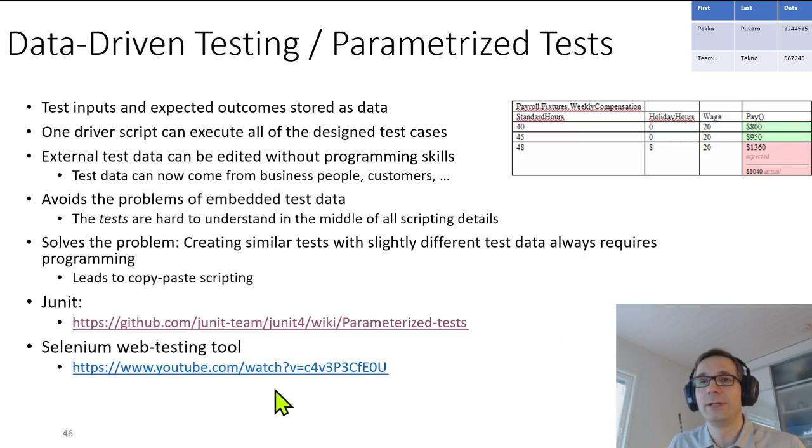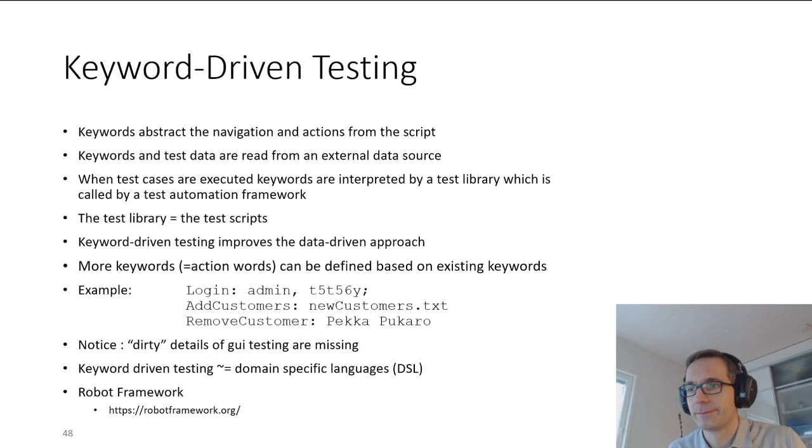And there is a YouTube video showing how to do data-driven testing with Selenium. I have linked it. You can watch it if you want to go into more details.